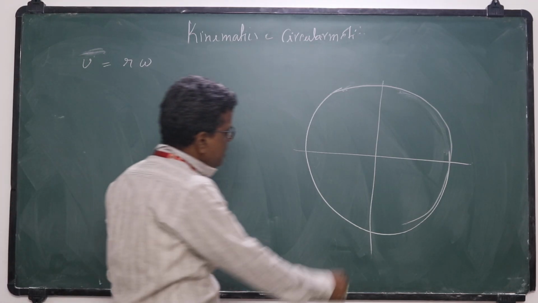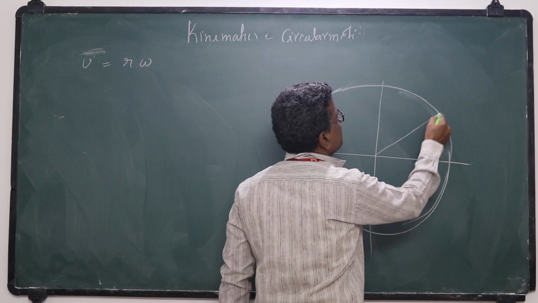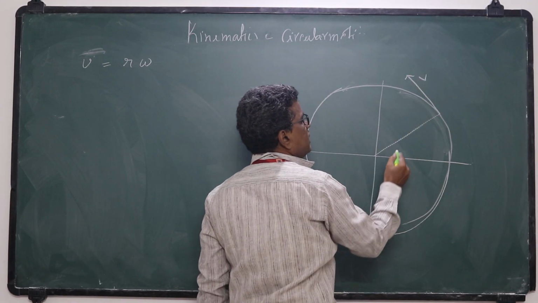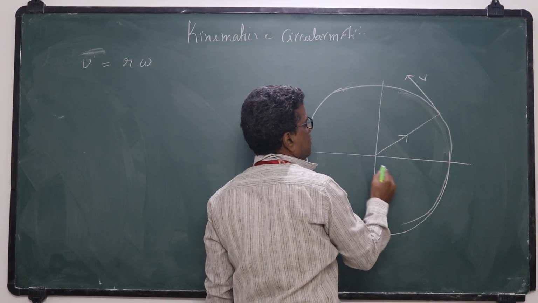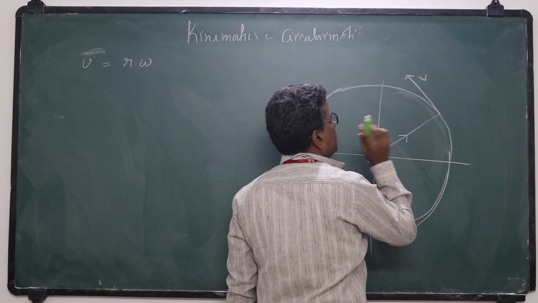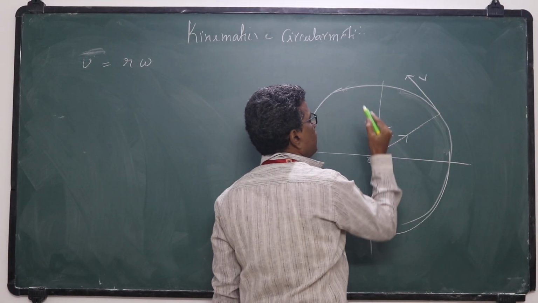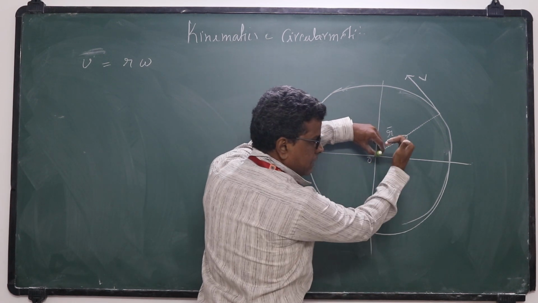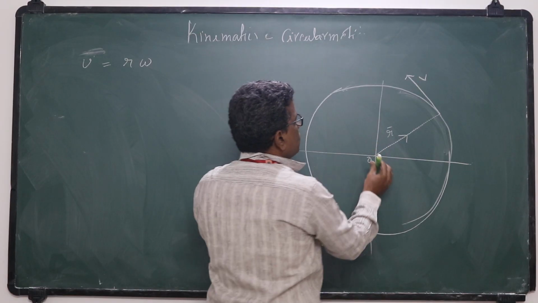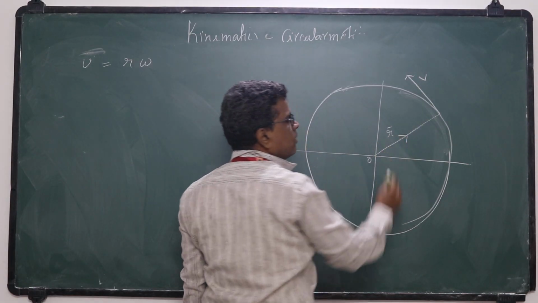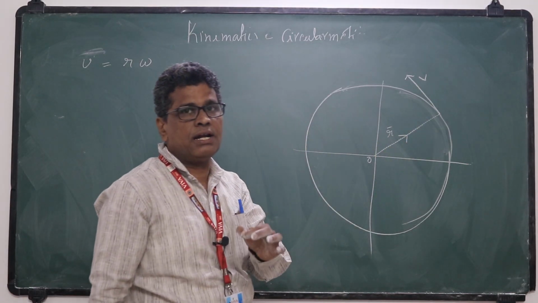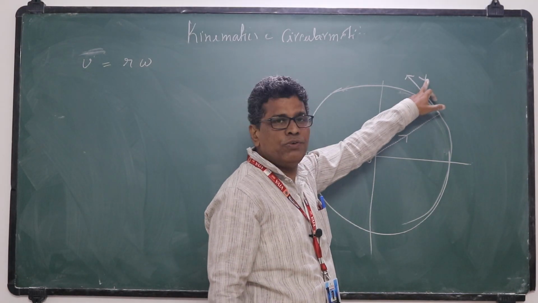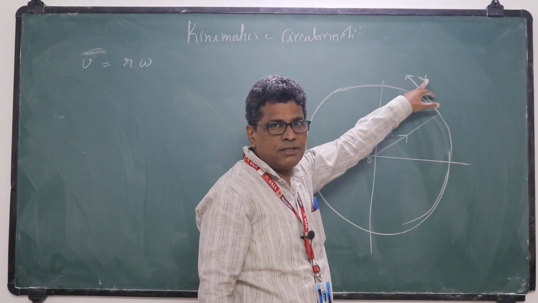What is V? Linear velocity, isn't it? What is R? The radius vector along the radius. What is omega? If it is anti-clockwise, omega will be like this. So omega and V are in mutually perpendicular directions. Initially I assumed that it is moving with a constant speed.